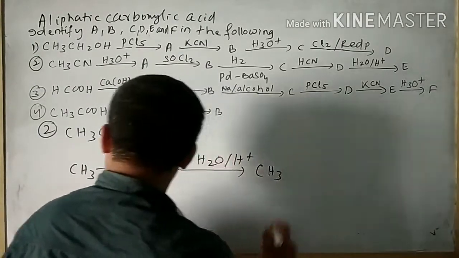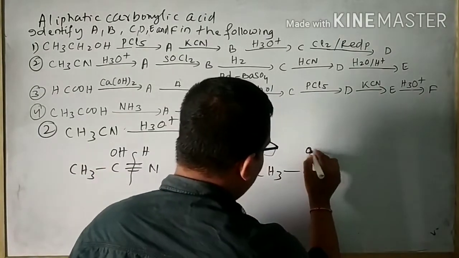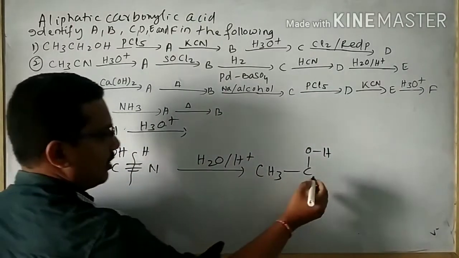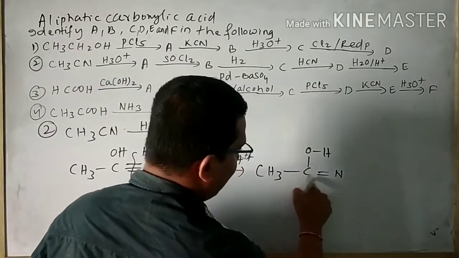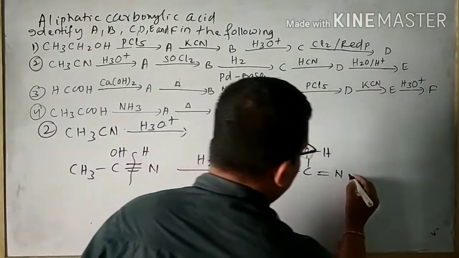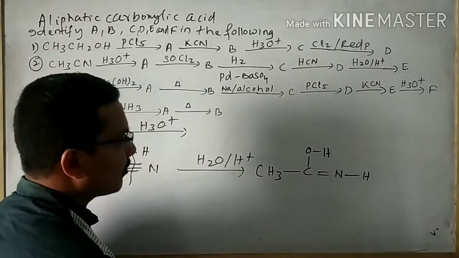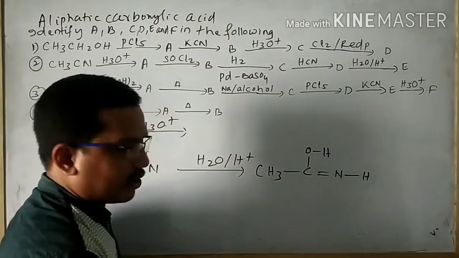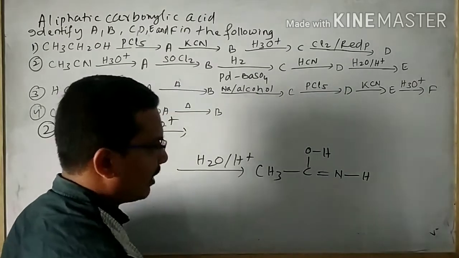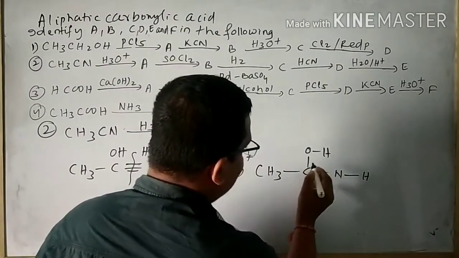Then what will form? CH3, bond C, bond OH, there is a double bond between carbon and nitrogen, and bond H. This is an unstable product. It always wants to stabilize. How can you stabilize?